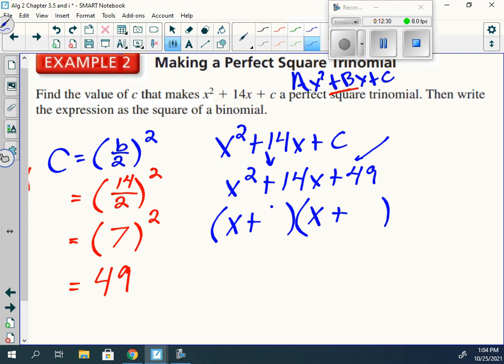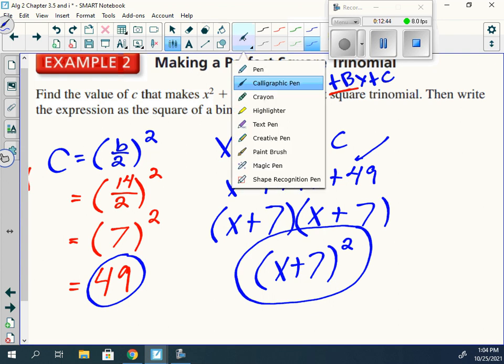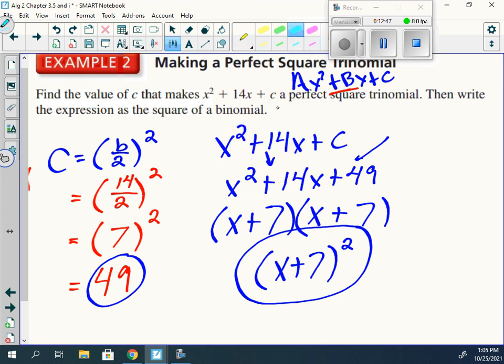What times itself is 49? So 7 and 7, or really we could say that this is x plus 7 squared. So we end up getting this plus 7 inside the parentheses squared.